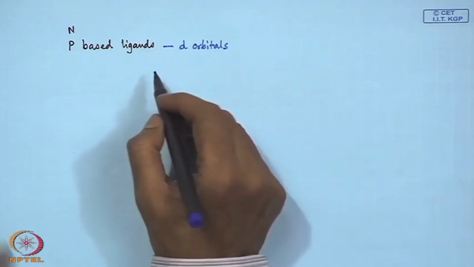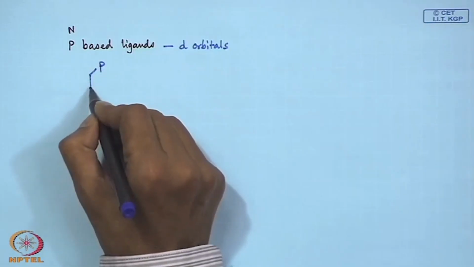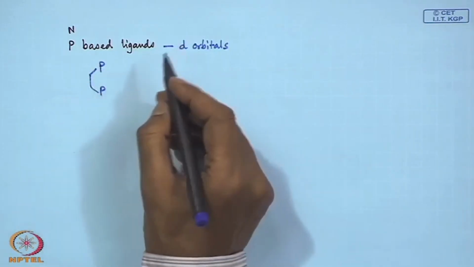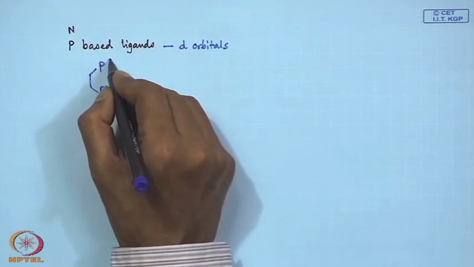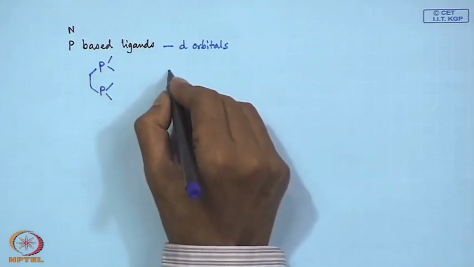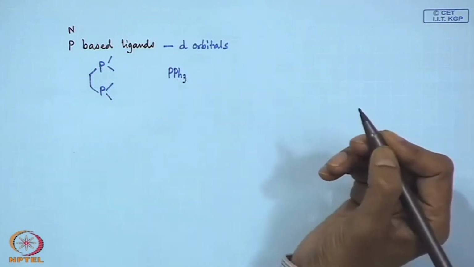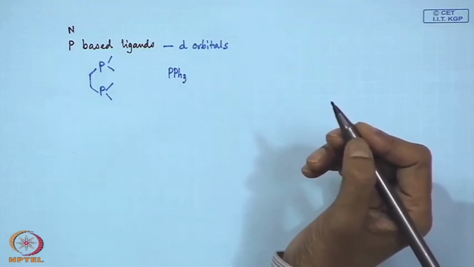So, we all know some ethylenediamine type of ligands where we can have phosphorus with suitable substitutions, and one of the most important ligands is the triphenylphosphine ligand.